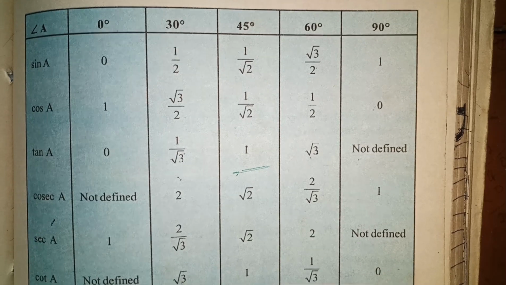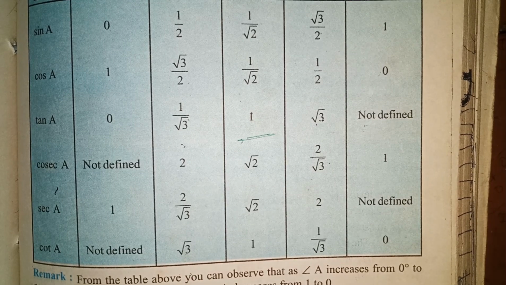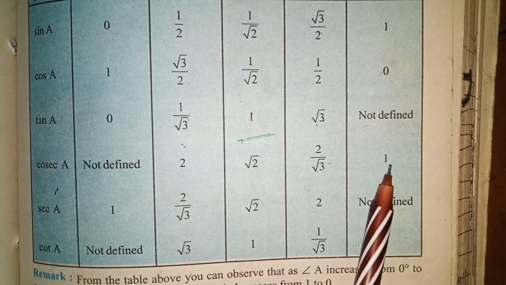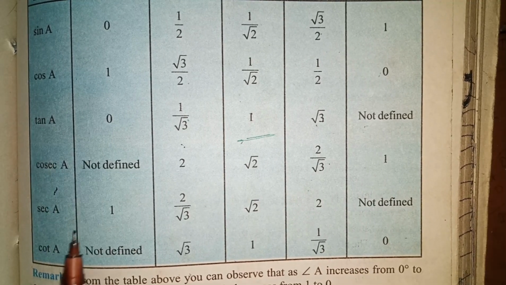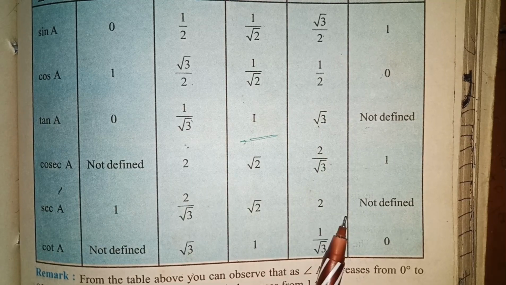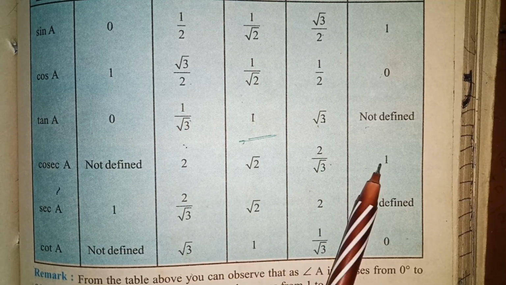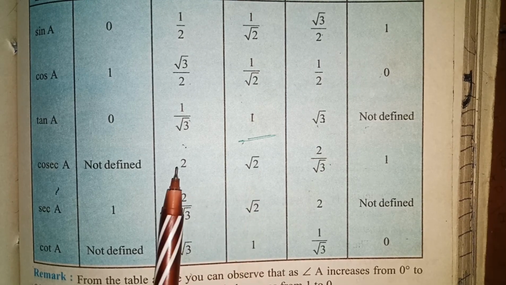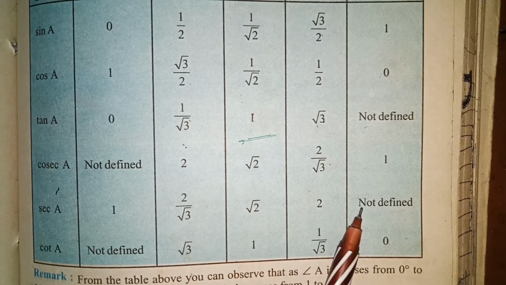You can easily observe that again sec A has the opposite values, that is the reverse values of cosec A. Moving from right to left side in cosec A, we can get the values of sec A. You can easily see it. 1 here, 2 by root 3, 2 by root 3 here, root 2 here, 2 here, and not defined here.